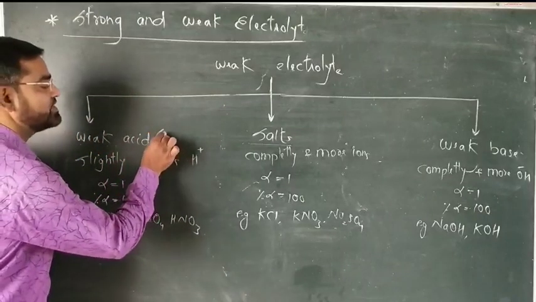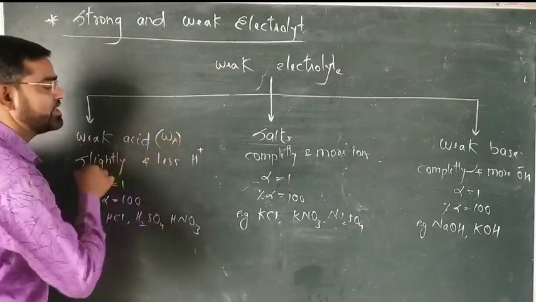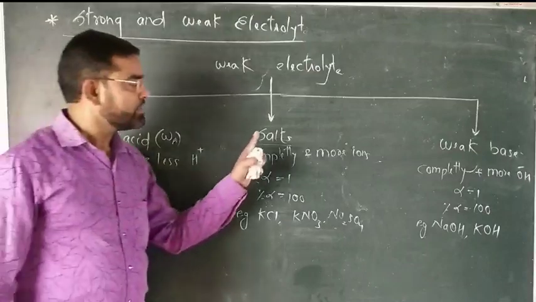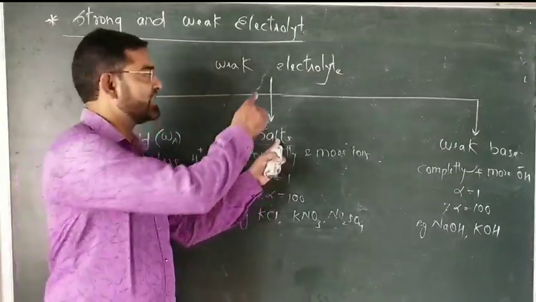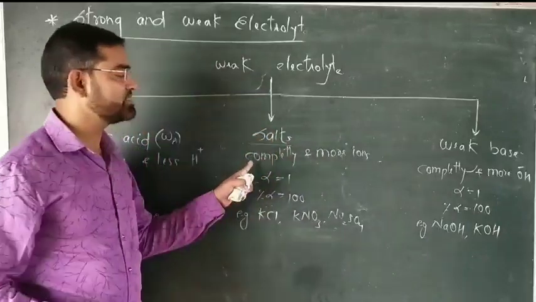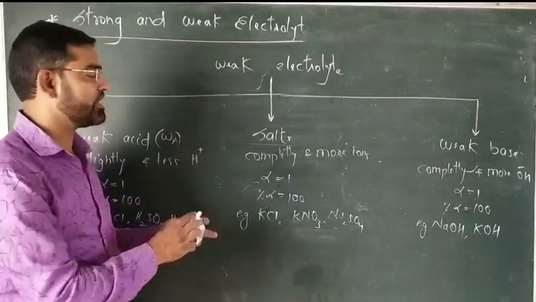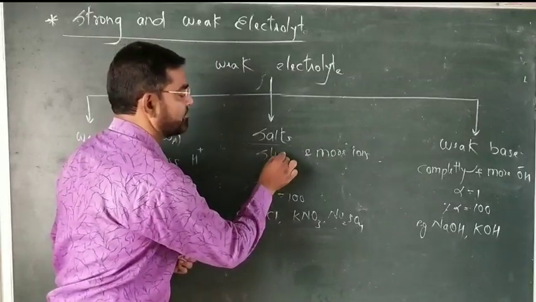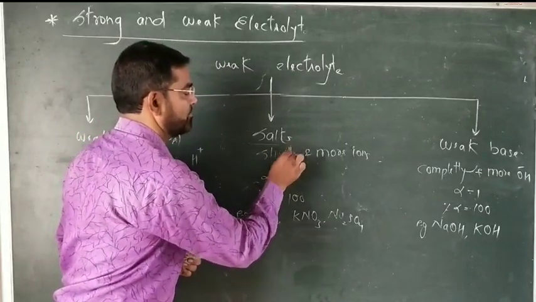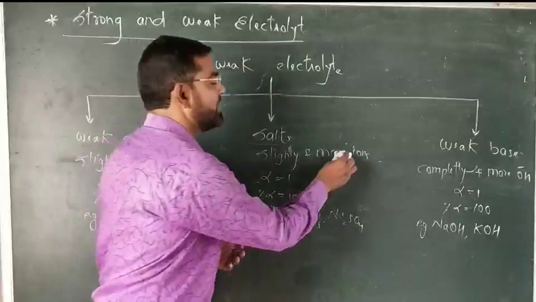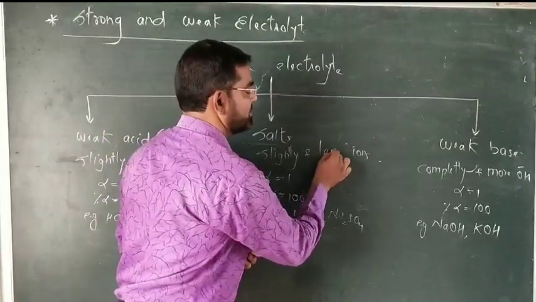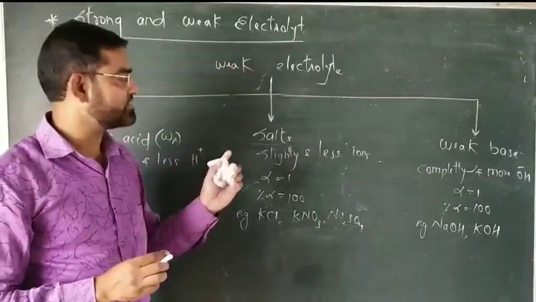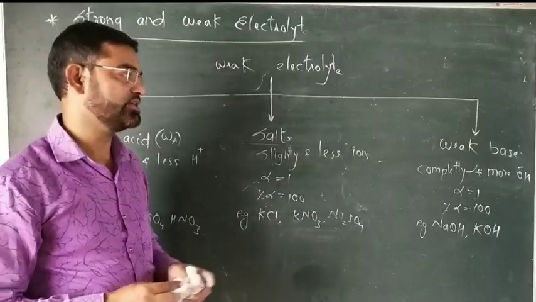Weak acid is denoted by WA. Salts, of course, are the weak electrolyte, means the salts which dissociate slightly and give less number of ions are known as weak electrolyte.